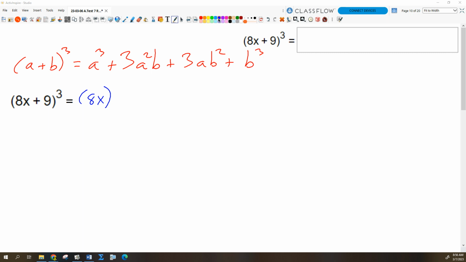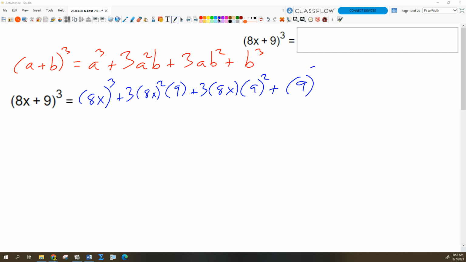I know these are kind of big numbers. 8x cubed plus 3 times the quantity 8x squared times 9, plus 3 times 8x times 9 squared plus 9 cubed.